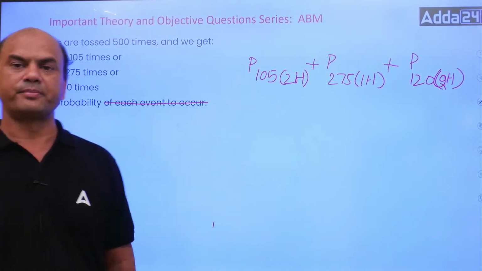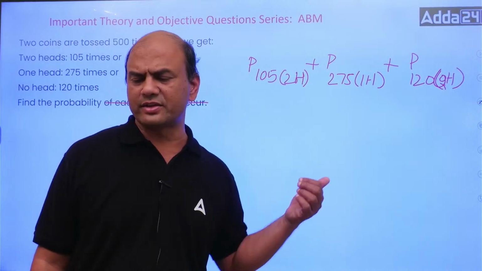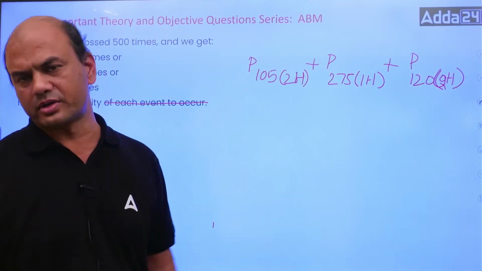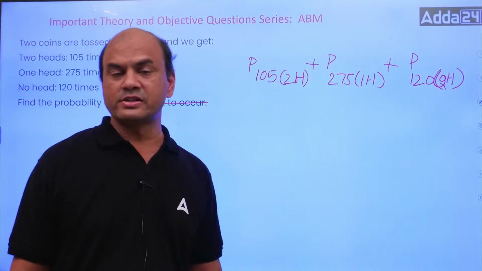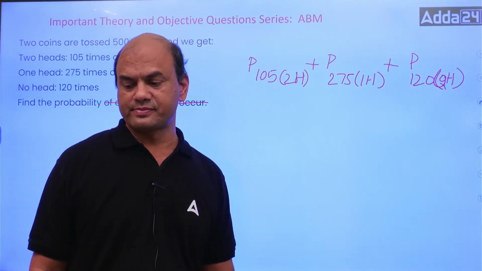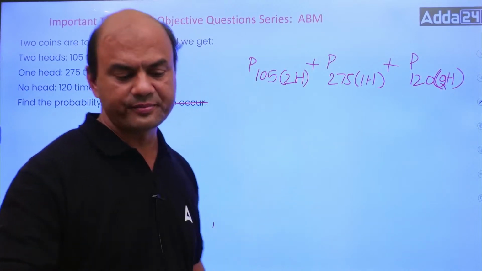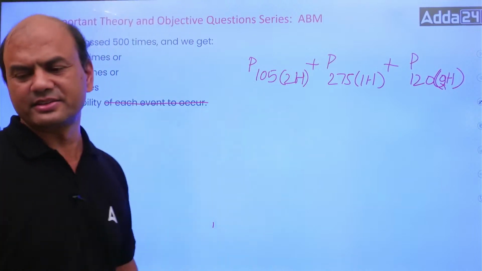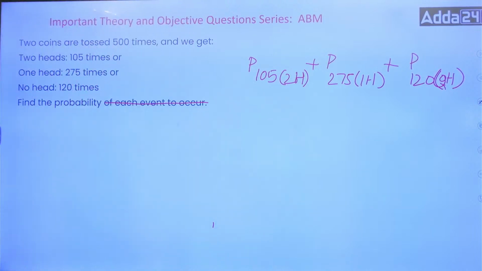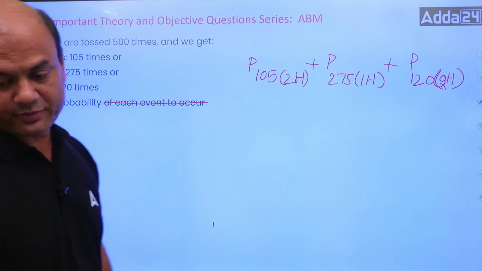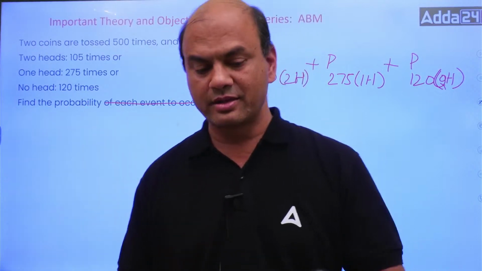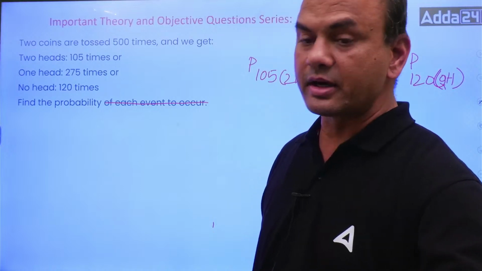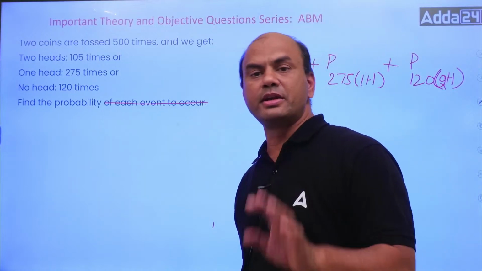So how to find this out? 2 heads 105 times. Try to solve this, everyone. It's very simple. Our problem is very easy, but this requires a basic understanding of probability.